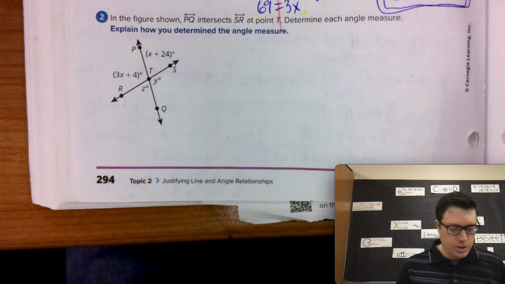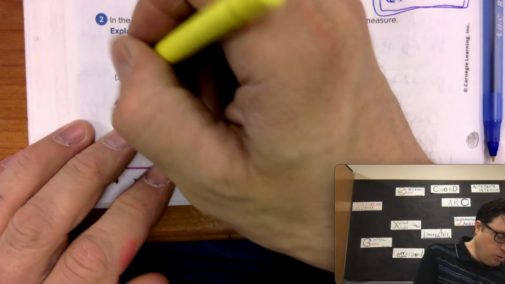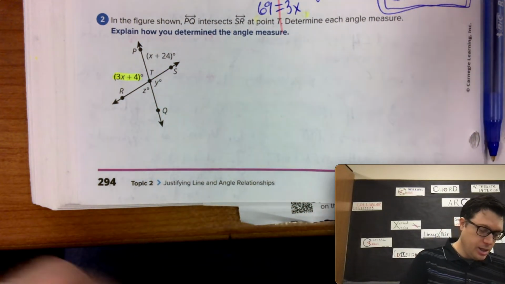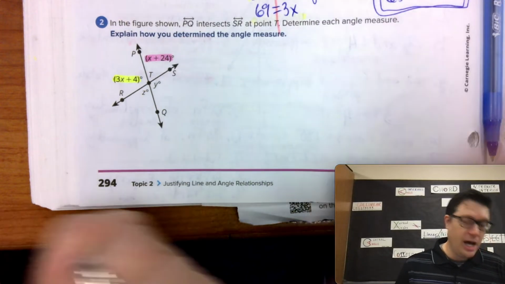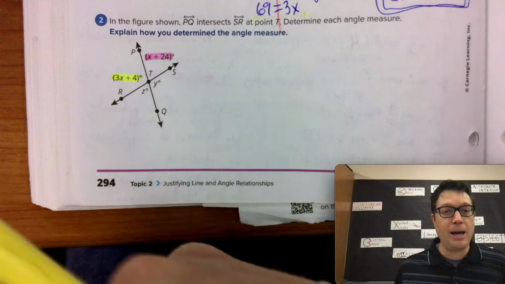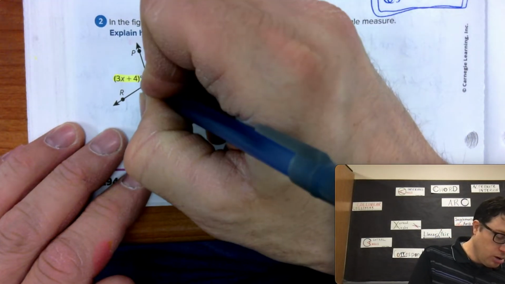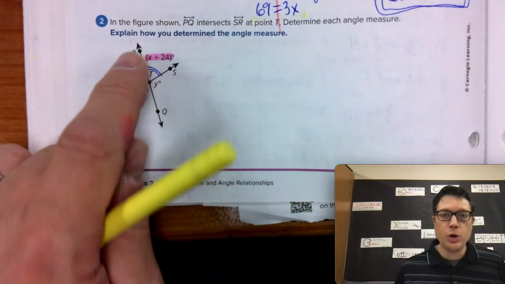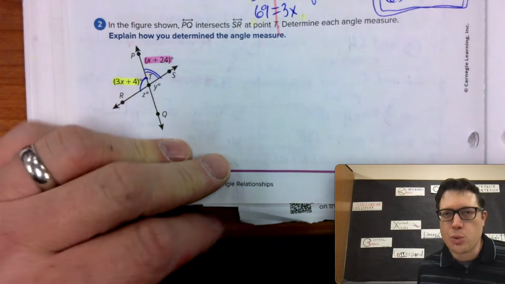So let's start off by understanding that this angle with the expression 3x plus 4 and this angle with the expression x plus 24, together those add up to make a straight line. Angle PTR plus angle PTS. Those two angles together. In fact, this is how we should write it out.